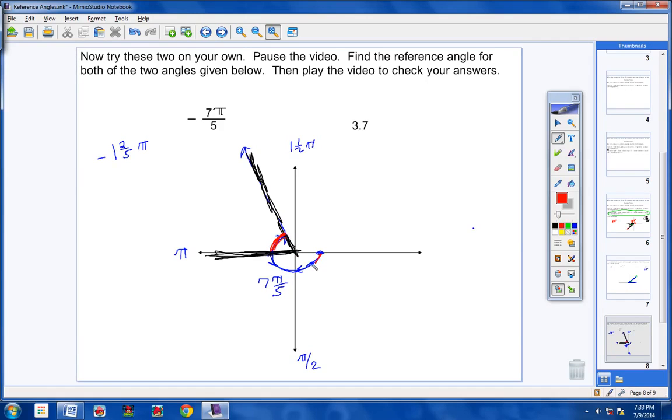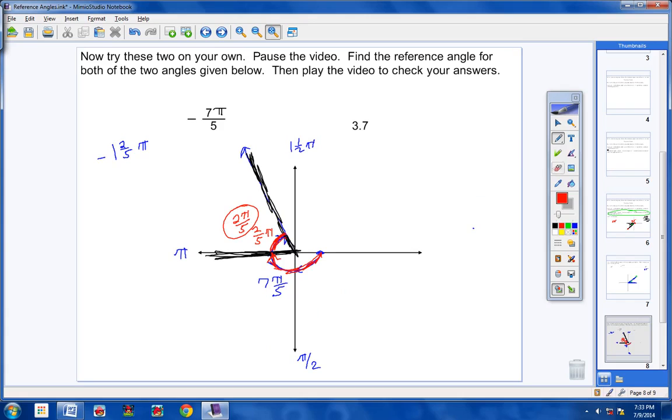Well, think about it. From here to here is 1 pi. And we went 1 2/5. So from here to here is 1. This little bit left right here has to be 2/5 pi. Or the best way to write it is 2 pi over 5. So there is your reference angle for negative 7 pi over 5.